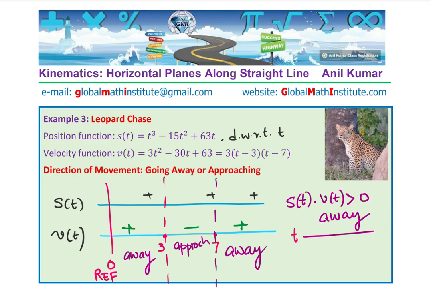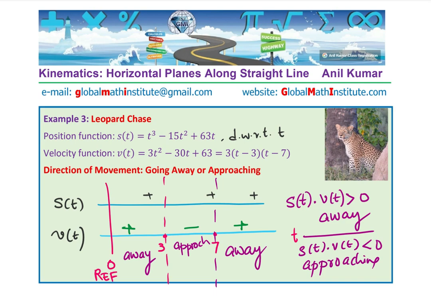But if the product of displacement with velocity is less than 0, it means approaching, coming closer to the reference point, the starting point. Whatever you take as the reference point, here origin was our reference point. So that is a very important summary from this particular learning. Correct? Make a note of this.